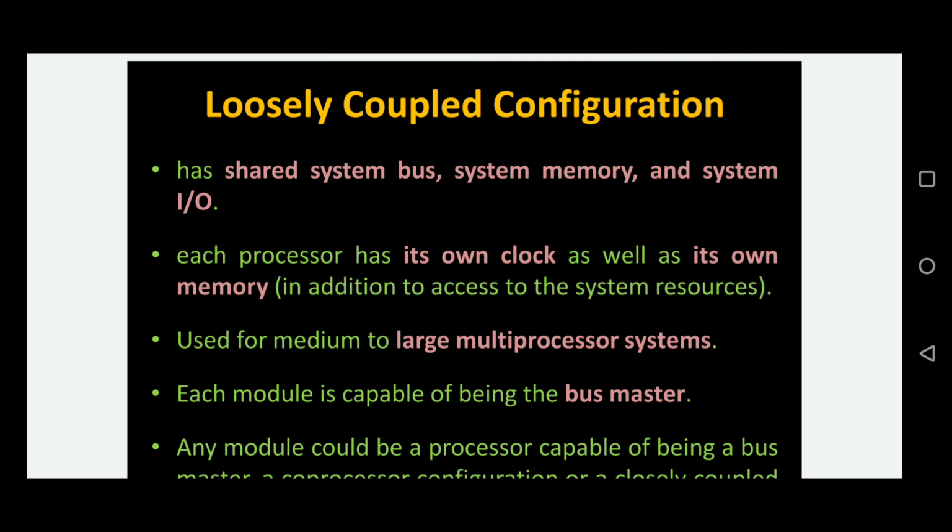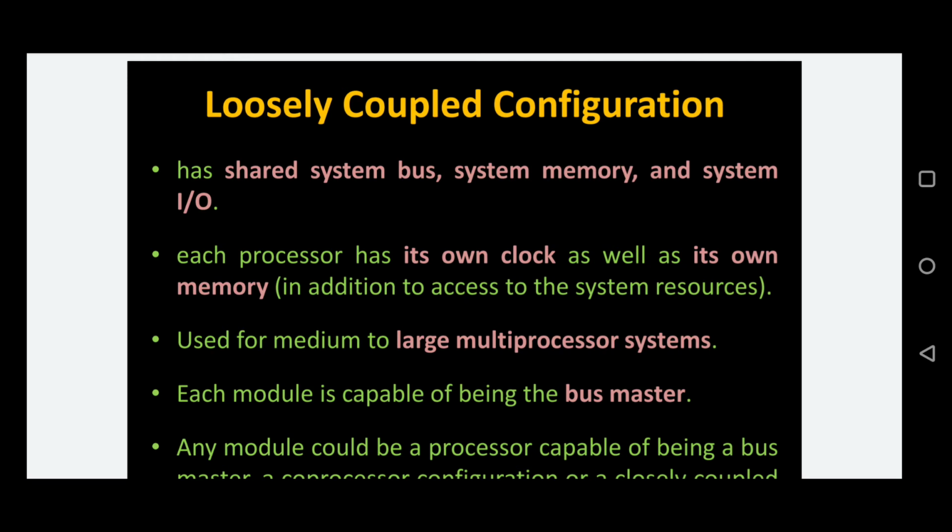And the next advantage: this system can be expanded in modular form. Here each bus master module is an independent unit, and very importantly, we can easily add a module, or easily remove a module, without affecting the system. That is another advantage.